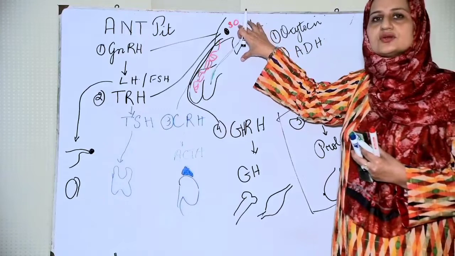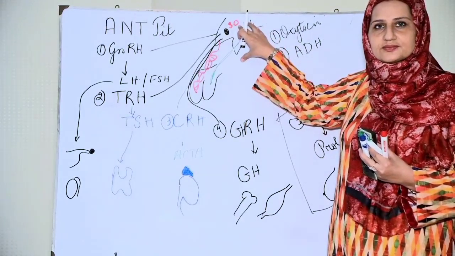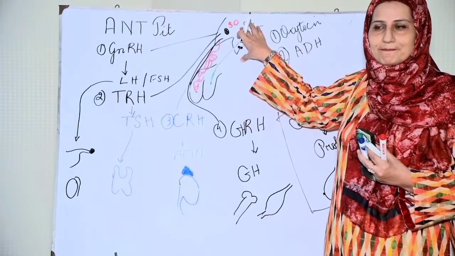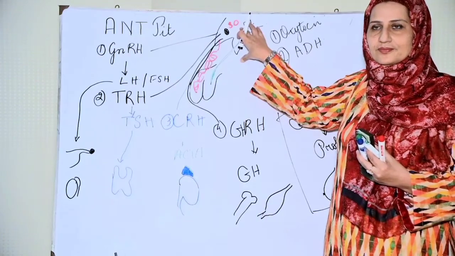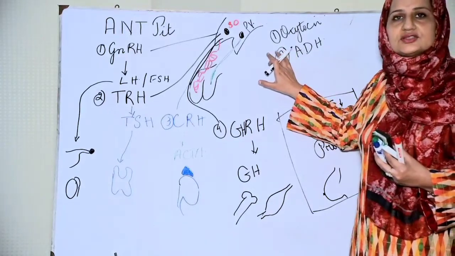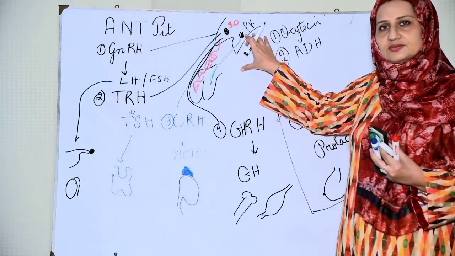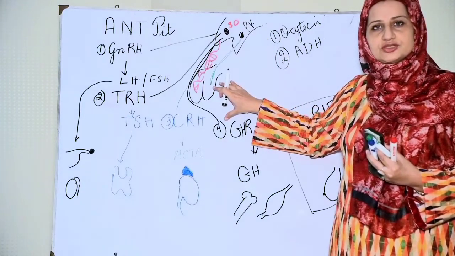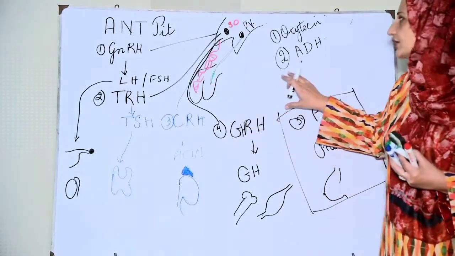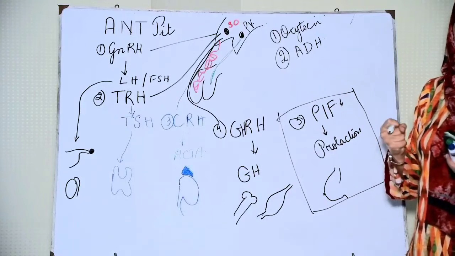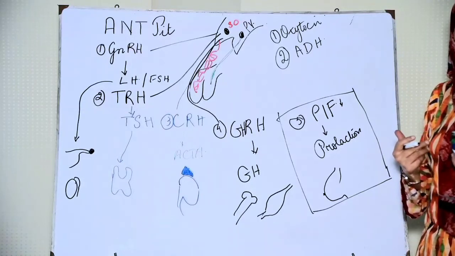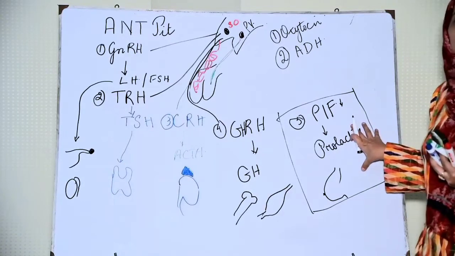Oxytocin released from the paraventricular nucleus of the hypothalamus reaches the posterior pituitary and is liberated from the posterior pituitary to effect the uterine contractions at the time of labor, as well as to some extent release of milk from the breast.